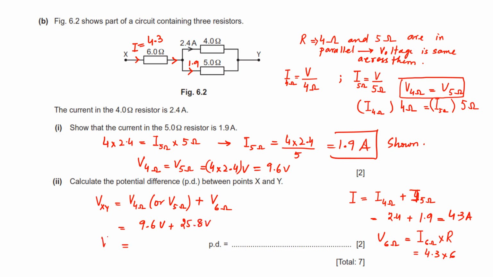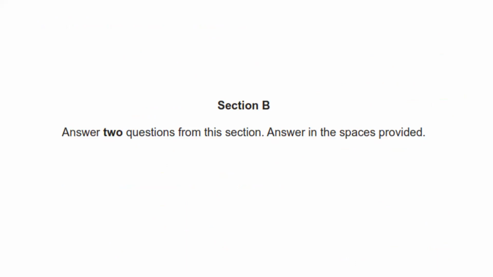Okay. And then Vxy will be equal to 35.52 volts. So my answer will be 35.52 volts. Okay. So this is how we solve this question. Now our section A is done.